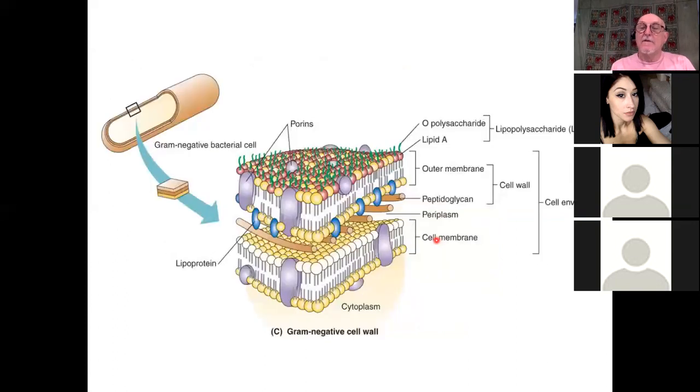In the case of the gram-negative cell, we stain it with crystal violet and the whole cell stains, but now we wash it with alcohol. As soon as we wash it with alcohol, we disrupt the outer membrane. This peptidoglycan is very thin, and it does not stop the stain from washing out.